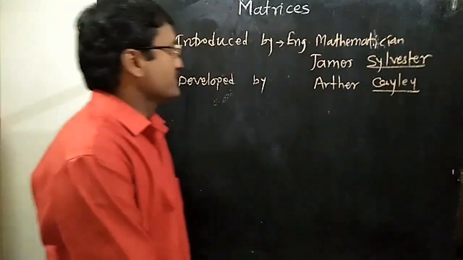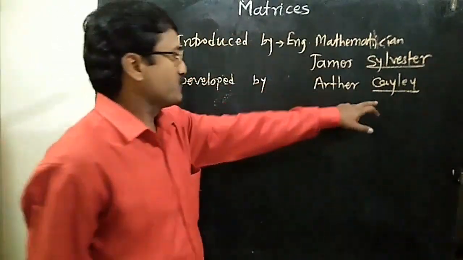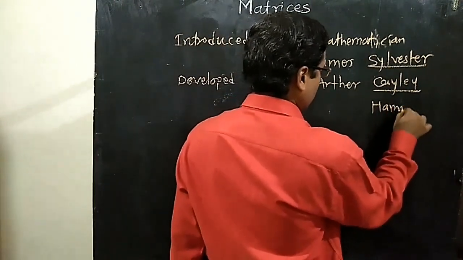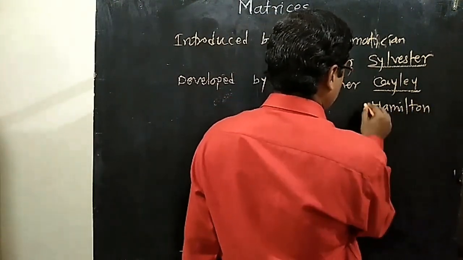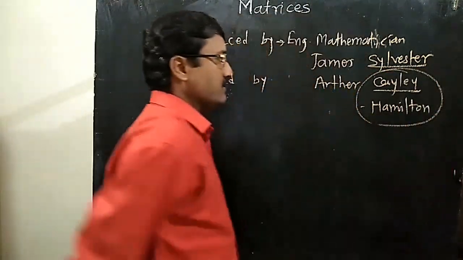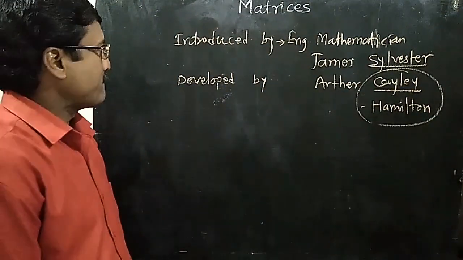This Cayley is very much famous in matrix because he worked with the mathematician Hamilton, and there is one theorem which is named after two mathematicians, that is Cayley-Hamilton theorem.